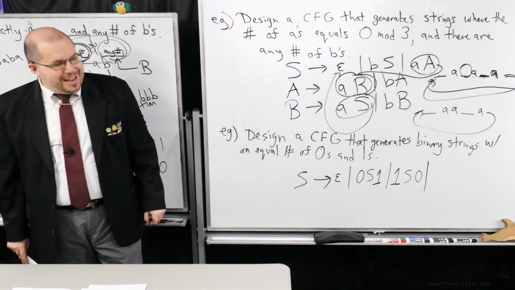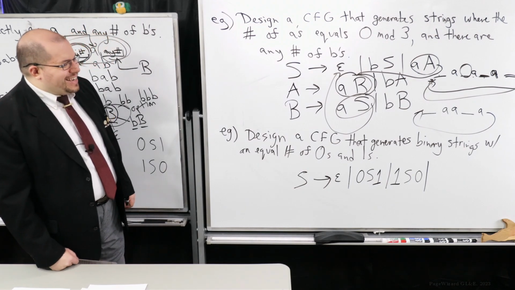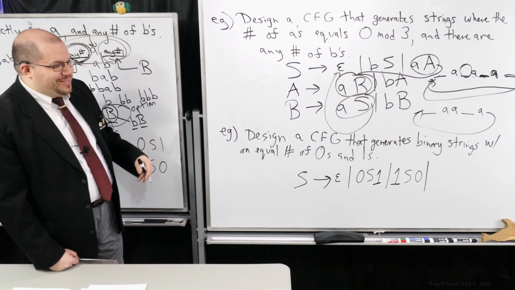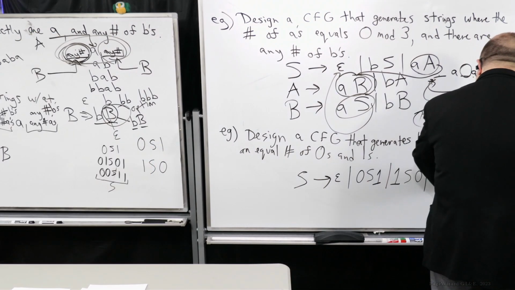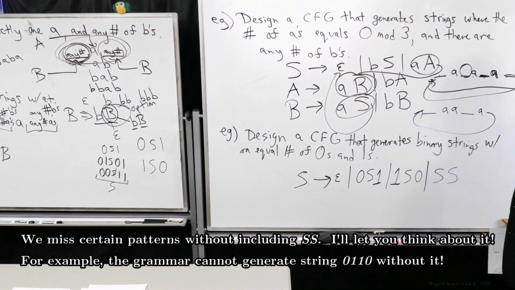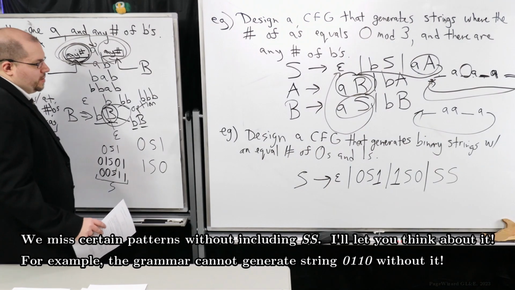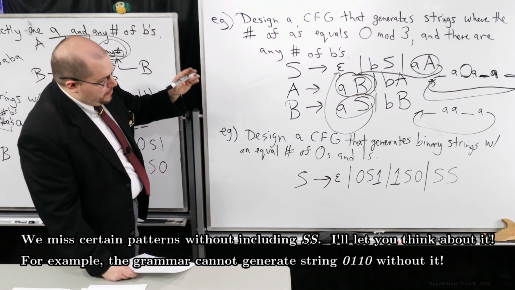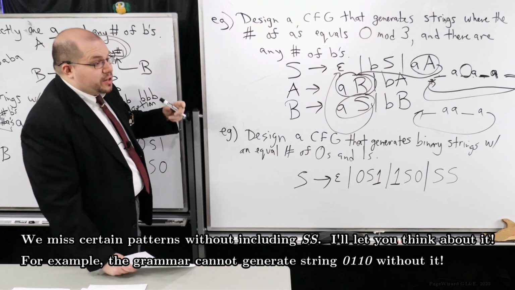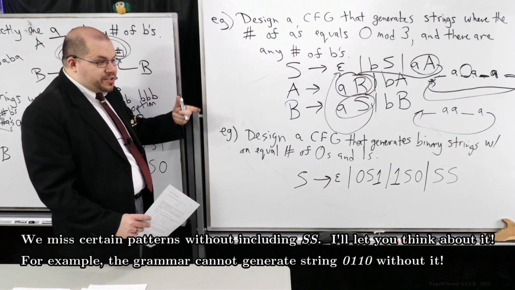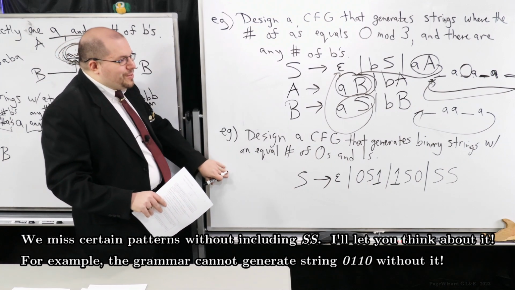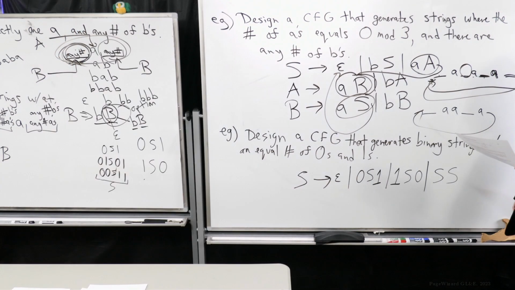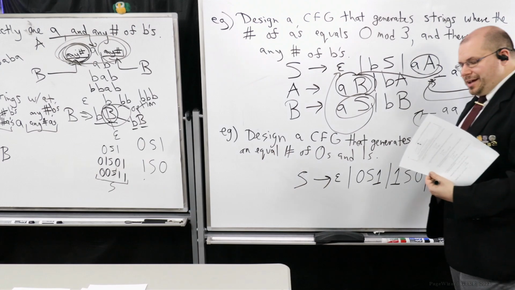Like, is that all we need? Well, I got some bad news. That isn't enough, actually, is that we include SS. So notice that this will allow me to get two groupings, because notice there's zeros and ones. There's two possible symbols. I mostly wanted to throw this one out there because it's a little bit more tricky. I thought it'd be a good idea.